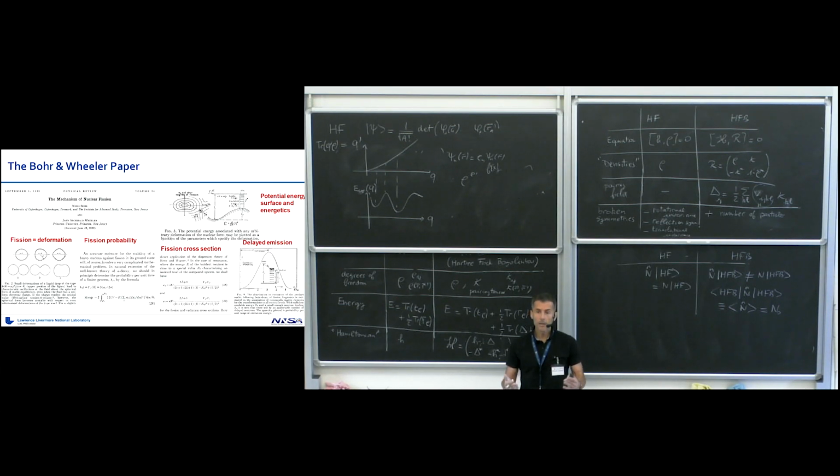Why collective? Because these constraints are expectation values, so they involve all the nucleons. This is why it's a variable: we will use it to calculate the energy as a function of those variables.